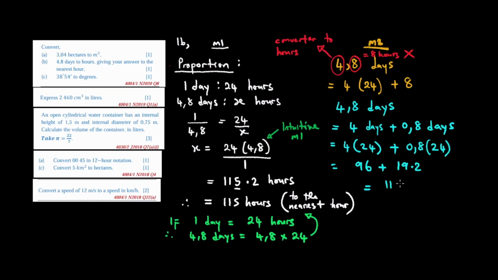unowana 115.2 hours. Ndo yawa kuzo reducer to the nearest hour ichikupa 115 hours like this. So ukada kuita this route, you should understand kuti 8 inoreva kuti 0,8 of a day.